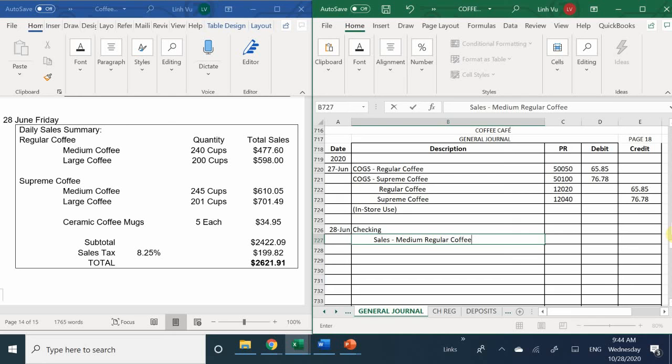Okay, sales medium regular coffee, sales regular large coffee, sales supreme medium coffee, sales supreme large coffee.